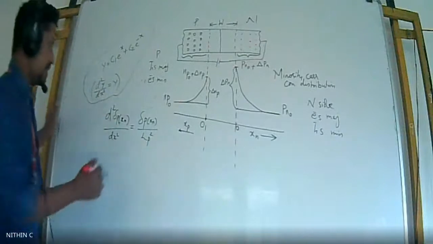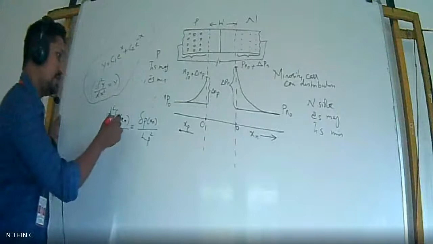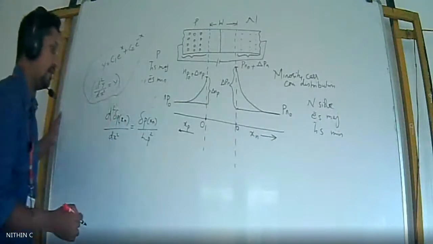So coming to our expression, we have d square delta pxn by dx square is equal to del pxn by lp square.